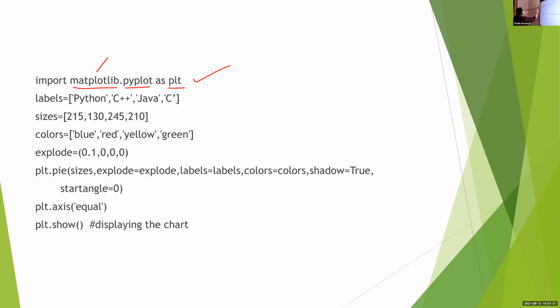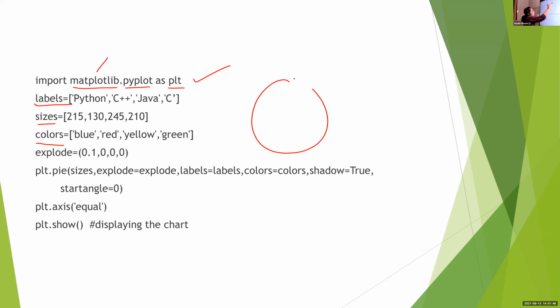And next I am using labels. I am using 3 lists. The first list is for representing labels, the second list is for representing sizes.